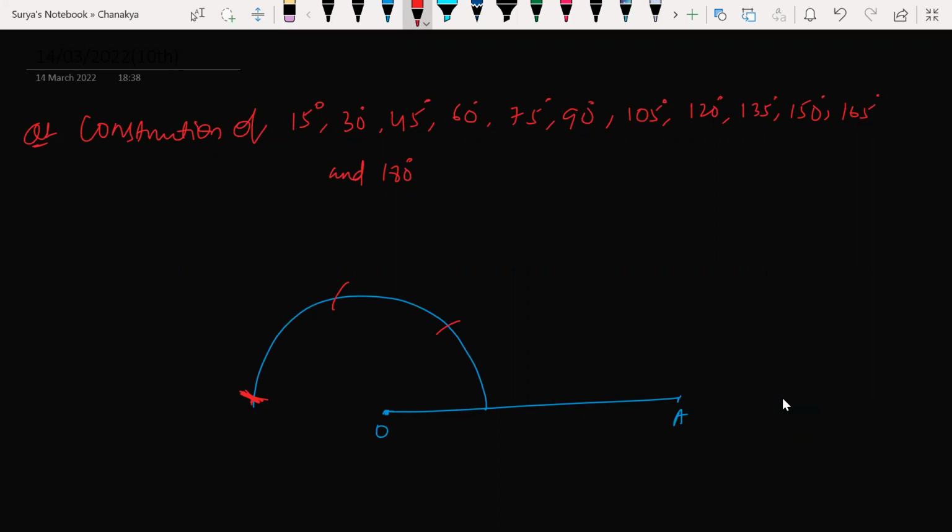Now look at this here. If I join this to this, this is my 60 degrees. And if I join this to this, you measure it and just try it at home, definitely it will be 60 degrees. It is 120 degrees.